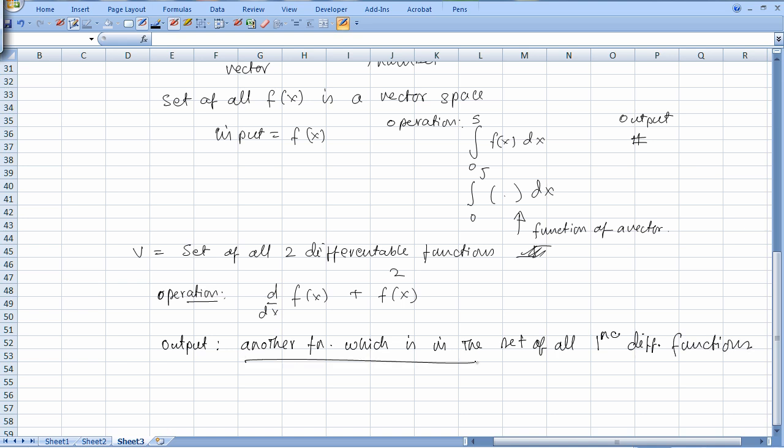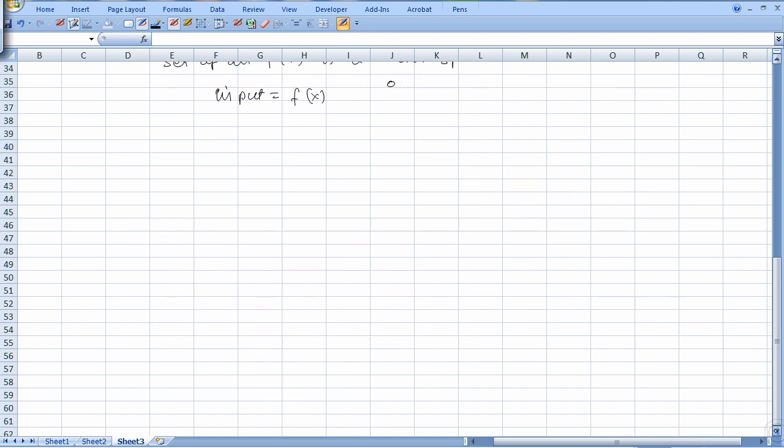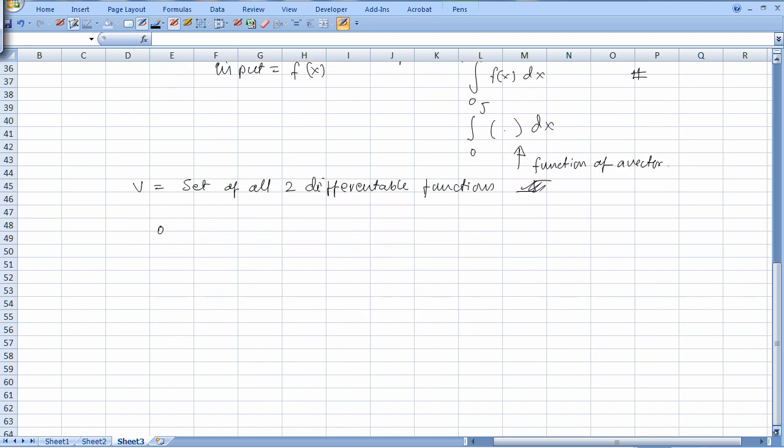This is a different vector space. Let us call this V2, for example. This will be called V1. There's a more technical name for it, but again, the aim is to get you the idea. I don't want to bore you with the technicalities. I will make you read the technicalities as part of your homework so that you'll gradually be able to get this. Okay, so that's the idea.